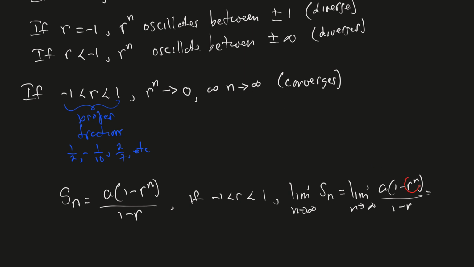So this one approaches 0. So the entire expression approaches a times 1 minus 0 over 1 minus r, which is a over 1 minus r. Wow, so we get this really simple formula for what our geometric series will converge to, provided our common ratio is between plus or minus 1.